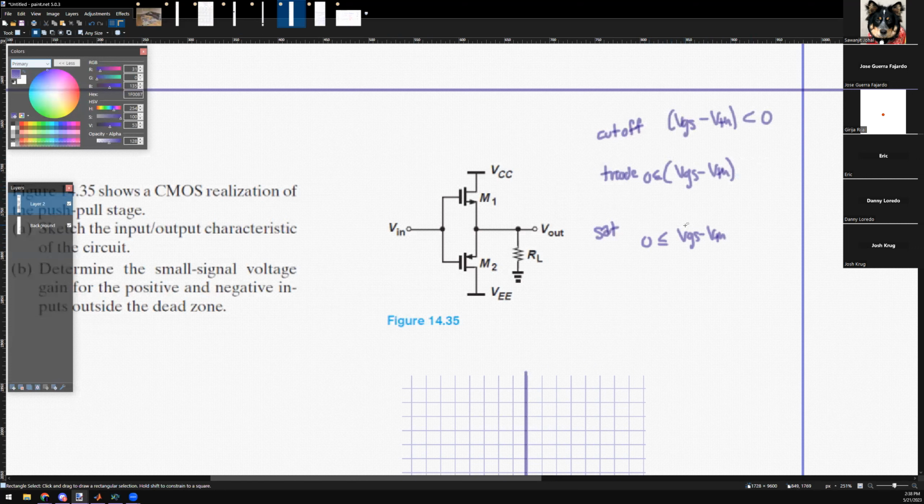But in the case of triode, VGS minus VTH is also greater than VDS. Meanwhile, in saturation it's less than VDS. That is for the NMOS, correct? For the NMOS. And then you could put absolute values everywhere if you want the PMOS the other way.